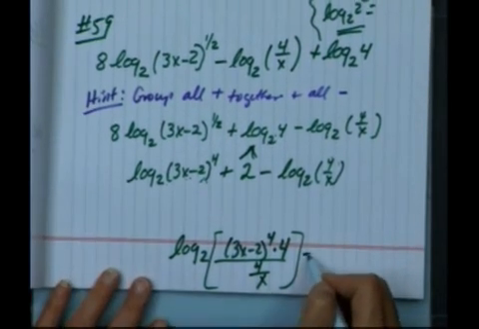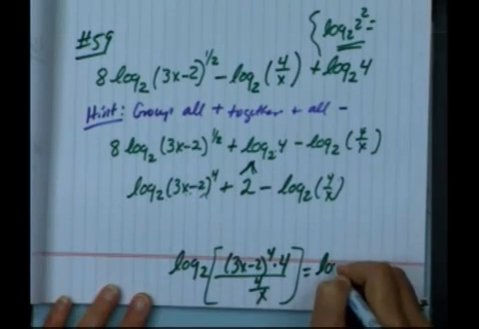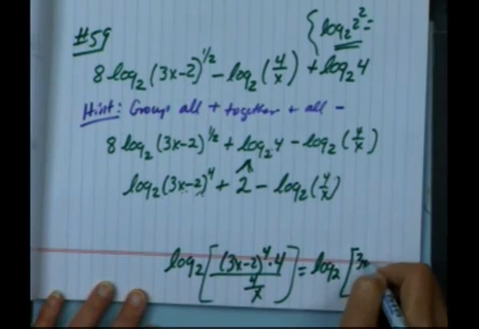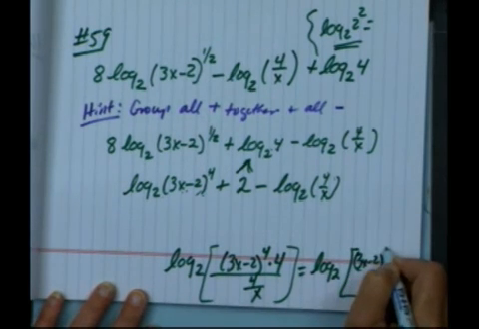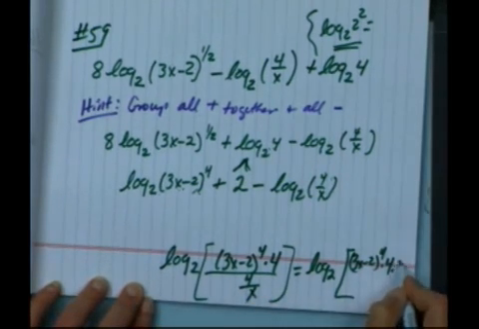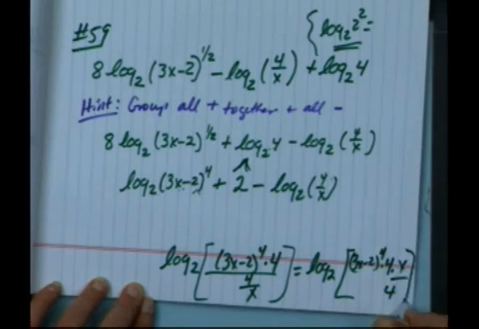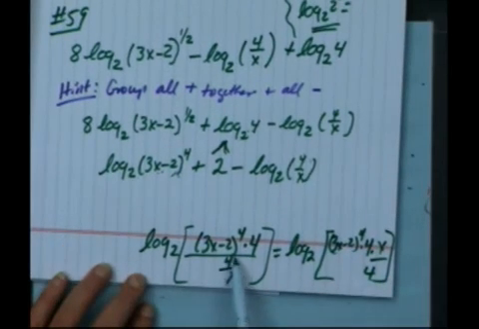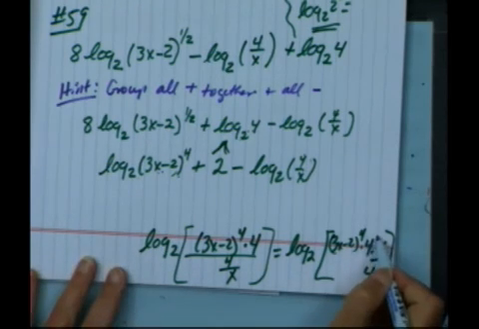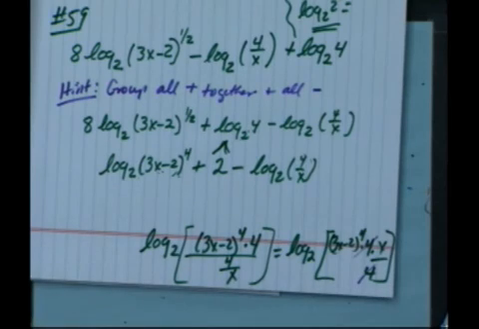And we're going to clean up inside there. We'll have log to the base 2 of 3x minus 2 to the 4th times 4, and inverting and multiplying, we'll have x over 4. Did I run off the page? Dividing by 4 over x is the same as inverting and multiplying by x over 4. And now we'll see that the 4's divide out.